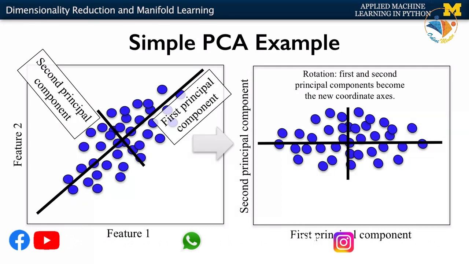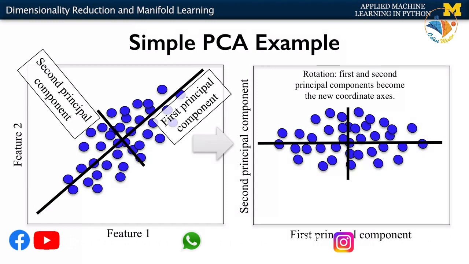This is the second principal component. In two dimensions, there's only one possible such direction at a right angle to the first principal component, but for higher dimensions there would be infinitely many. With more than two dimensions, the process of finding successive principal components at right angles to the previous ones would continue until the desired number of principal components is reached.